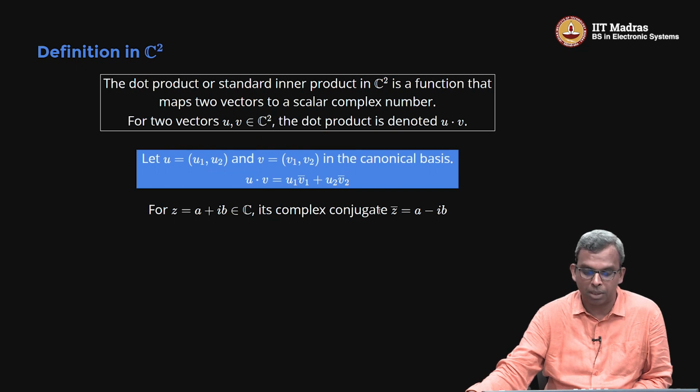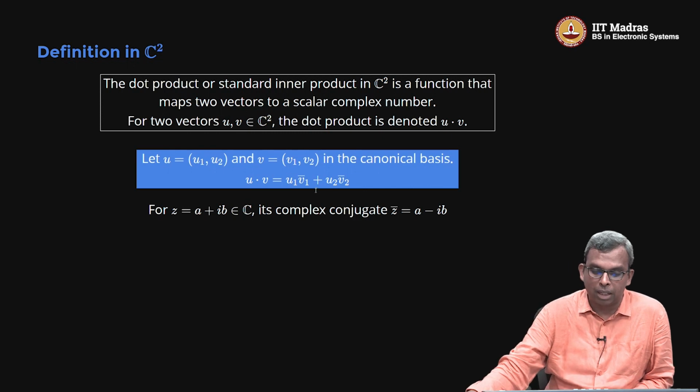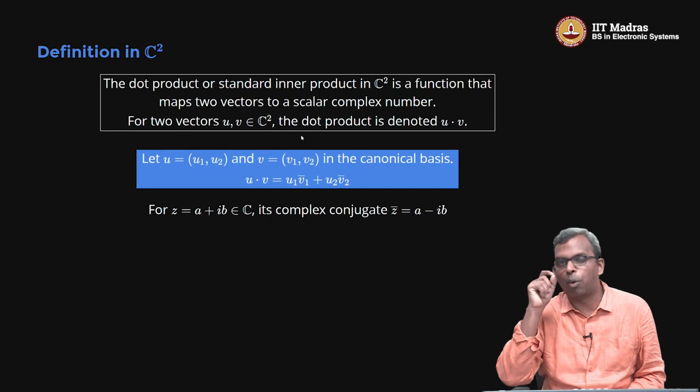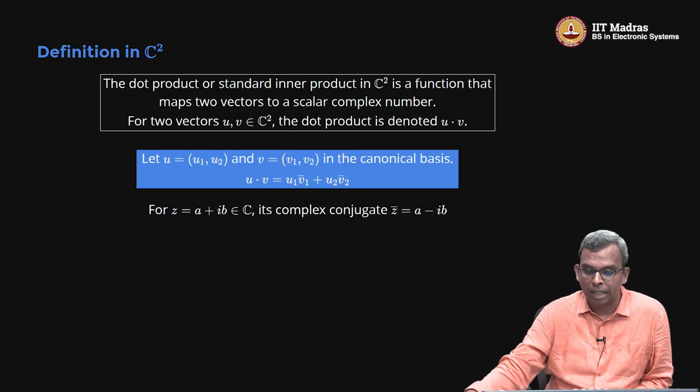This is the complex conjugate. If you have a complex number z, a plus ib, its complex conjugate z bar is a minus ib. So notice the important difference from the dot product in R2: the coordinates of v, the second argument, are conjugated before you multiply. So u1 v1 bar plus u2 v2 bar.